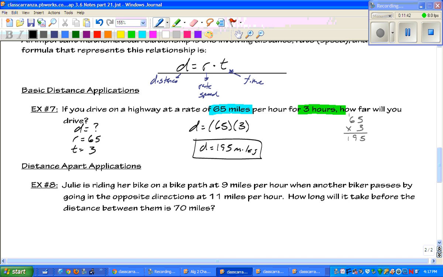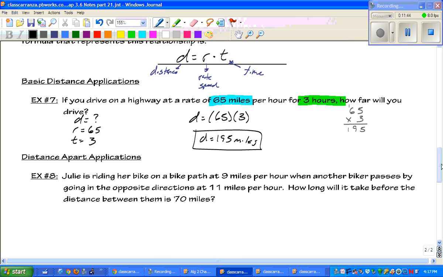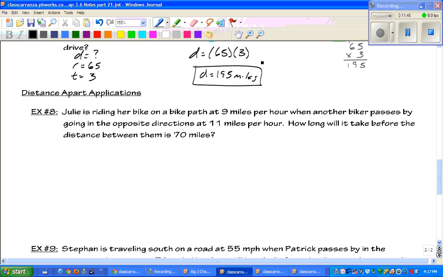Now, let's look at the next one. It says Julie is riding her bike 9 miles per hour. And let's see, when another person goes by at 11 miles per hour, how long will it take before the distance between them is 70 miles?